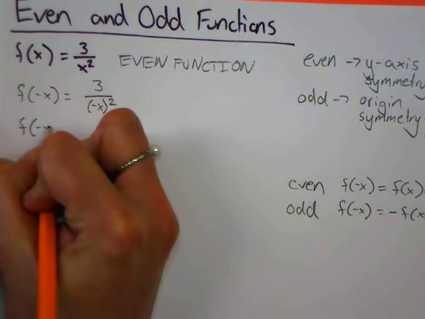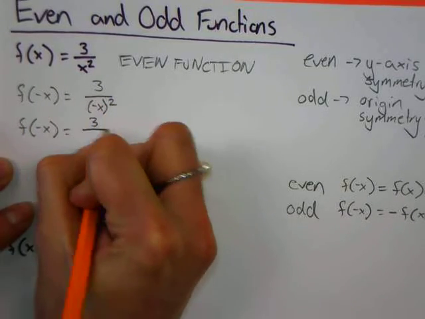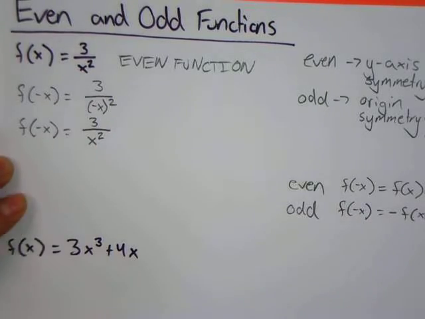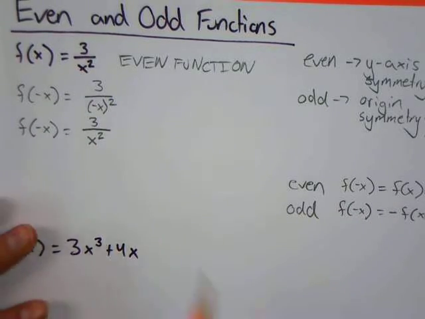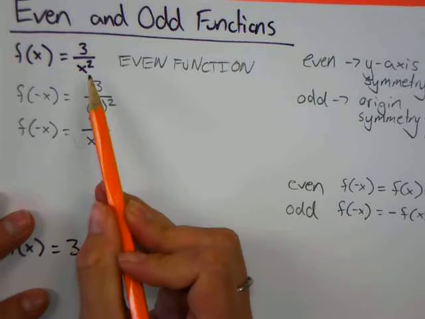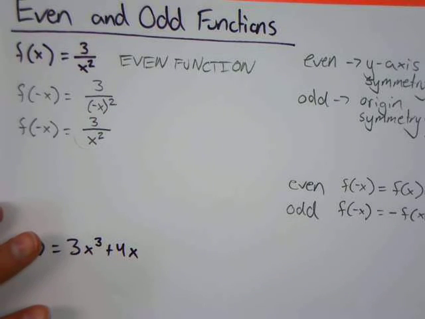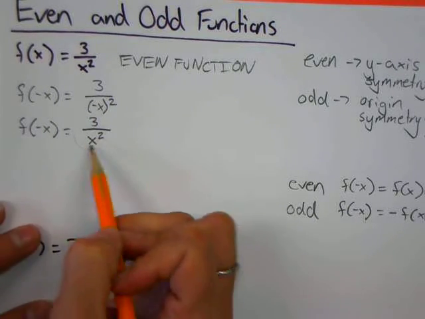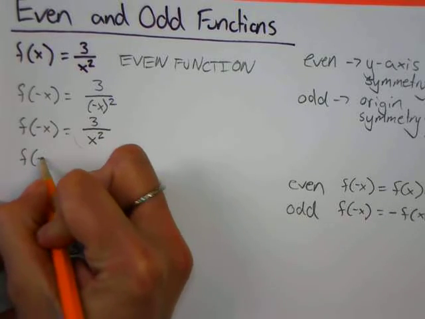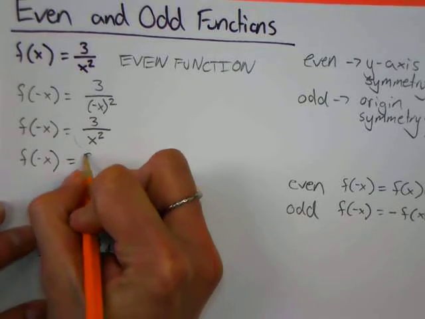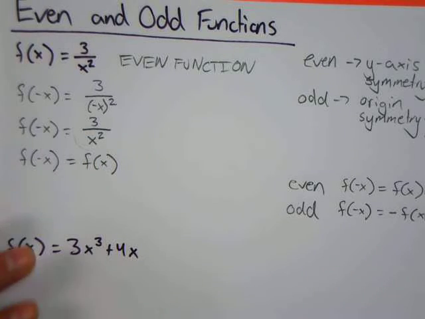So f of negative x is equal to 3 over positive x squared. And I notice that this is actually the same thing as my original function. So this right here is f of x. So I've just proven that f of negative x is equal to f of x itself. This would be an example of a proof or confirming algebraically that this is an even function.